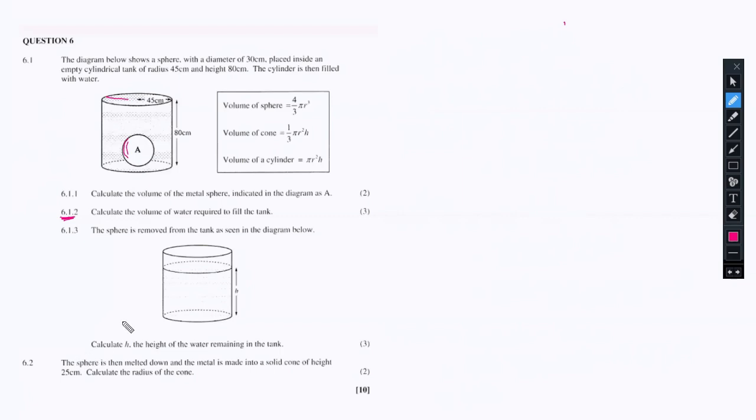Remember, we are taking the same sphere and making it into a cone. We are not changing the capacity of that particular figure. So the cone will still possess the same volume as the sphere. In other words, the volume of sphere is equals to the volume of cone.